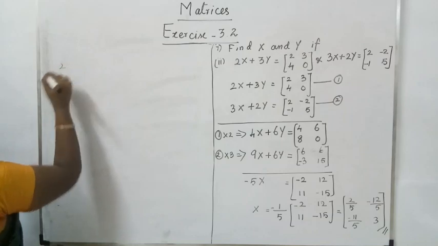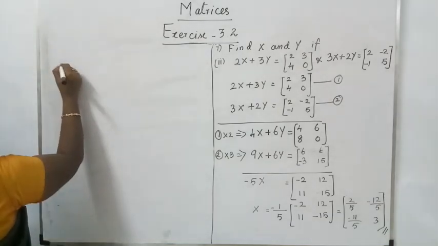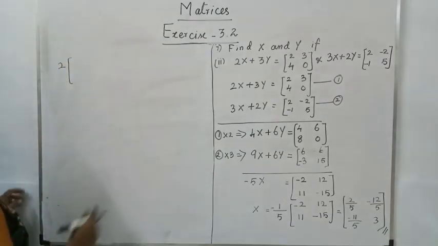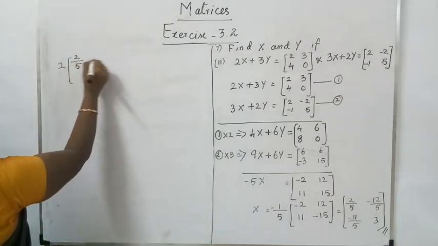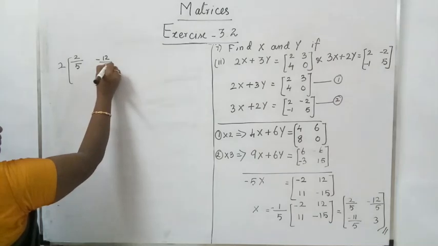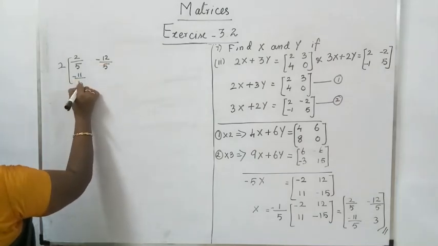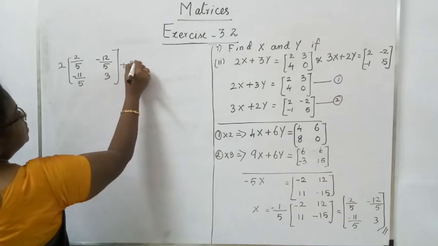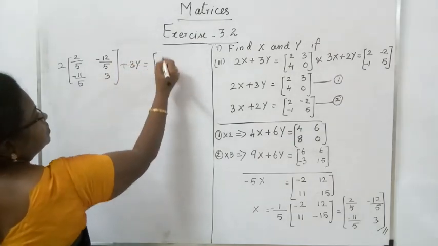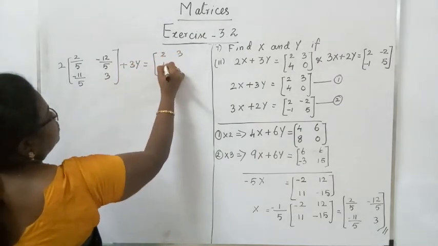2 into, see the first equation, x is [2 by 5, minus 12 by 5; minus 11 by 5, 3]. 2x plus 3y is equal to [2, 3; 4, 0].